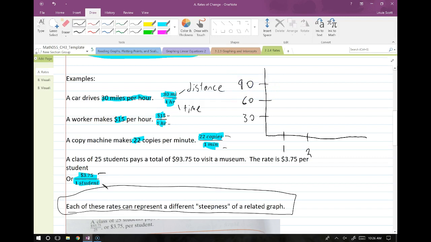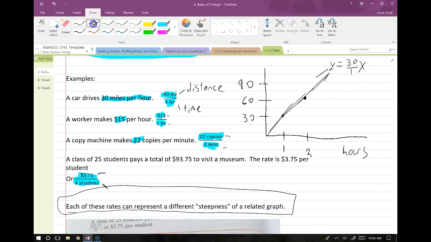If we were at 30 miles per hour, this would be our distance function if hours were at the bottom. After 1 hour, we'd be at 30 miles. After 2 hours, we'd be at 60 miles. And so this would be the graph, roughly, of y equals 30 over 1x.